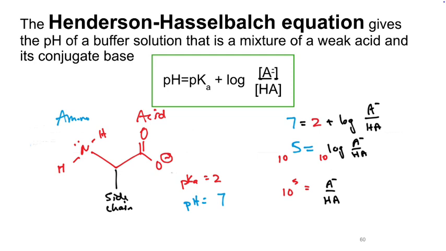Well, that was a pH of 7. What if I made the pH 10? How is it going to change my results? An even bigger A minus. What if I make the pH 1? If we make the pH 1, how does that change our calculation?